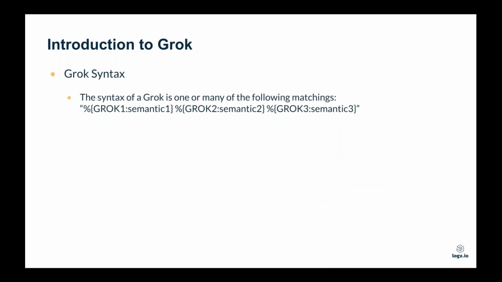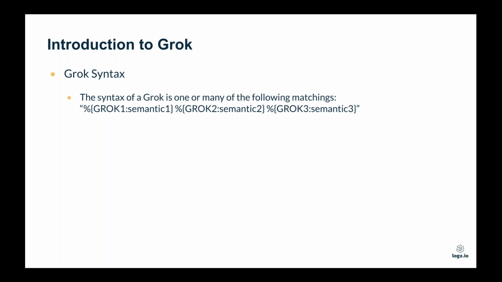So a little bit about the Grok syntax. You choose one or many of the following matchings. In terms of special characters, a Grok match will start with a % followed by a curly bracket. There will then be a Grok phrase, a semantic, followed by the closing curly bracket.